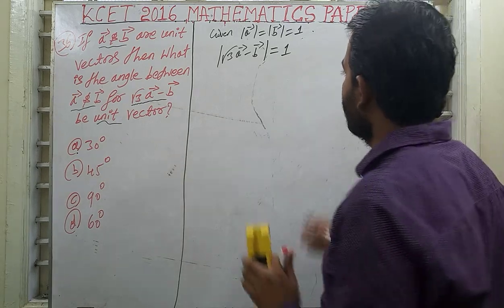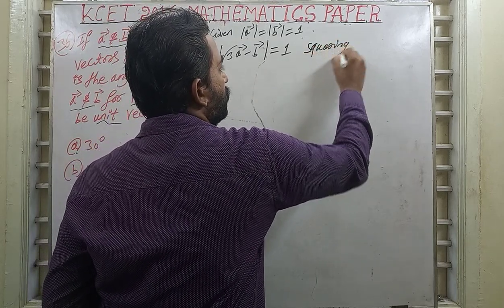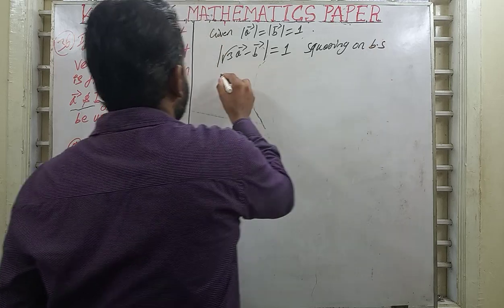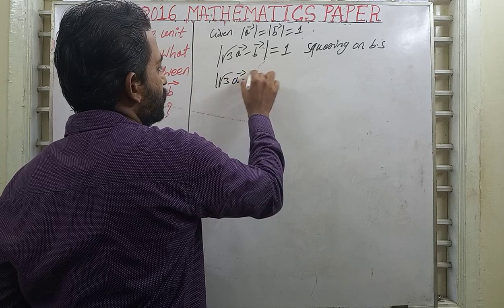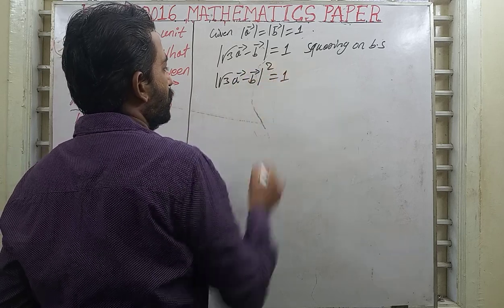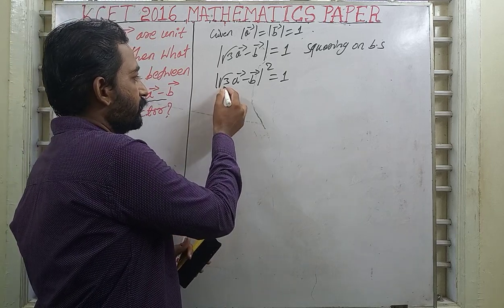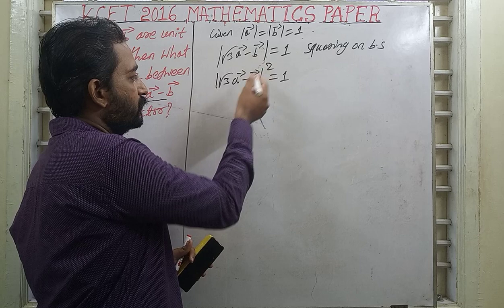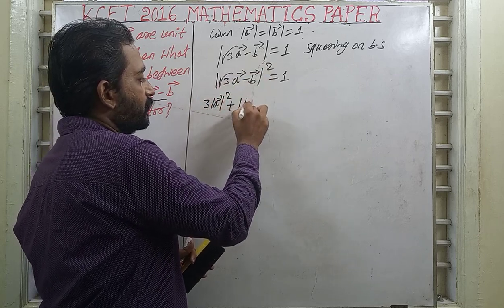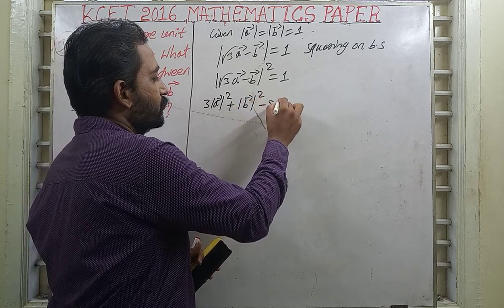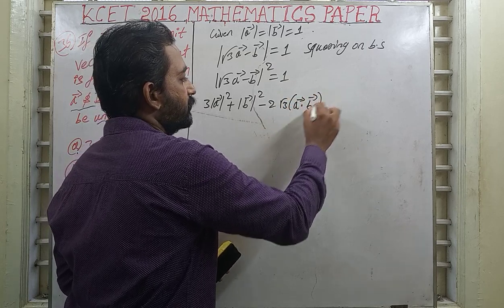So in this case, squaring on both sides, the magnitude of root 3 vector a minus b whole square equals 1 square, which is 1. Using the a minus b whole square formula in vectors, we get magnitude of root 3 a whole square, root 3 square nothing but 3, magnitude of a square plus magnitude of b square minus 2 into root 3 a dot b is equal to 1.